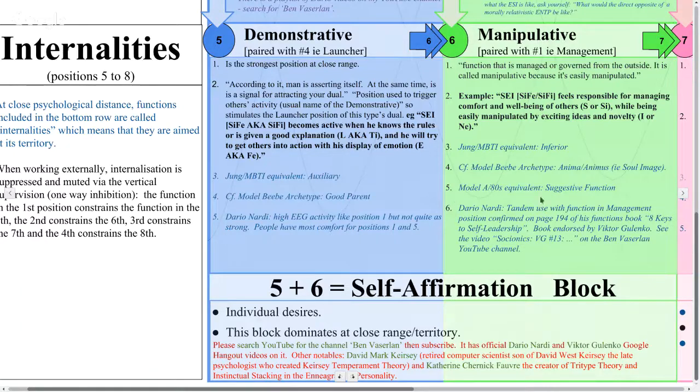Model 8 is equivalent, suggestive function. Dario Nardi: tandem use with function in management position, confirmed on page 194 of his functions book, 8 Keys to Self-Leadership, a book endorsed by Victor Gulenko. See the video Socionics VG number 13. Actually, that's been renamed as Victor Gulenko number 13 on the Ben Vaserlan YouTube channel.